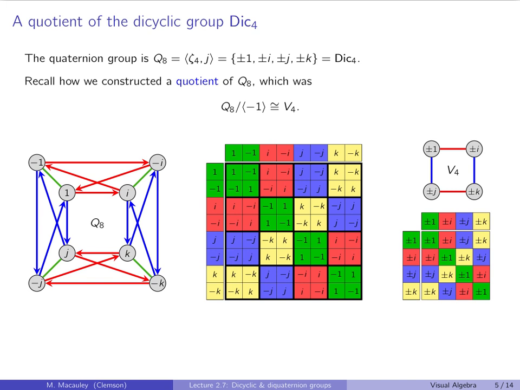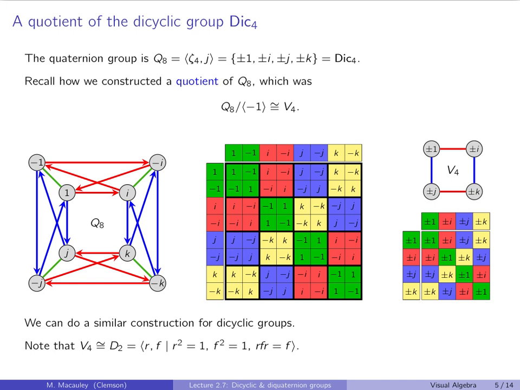In chapter 1, when I introduced the quaternion group, I think that's in the lecture on Cayley tables, I showed you how there was a quotient of it by constructing a Cayley table where I arranged the elements in a certain order. So when you squint your eyes, you see a Cayley table for V4. So here it is. We can do a similar construction for dicyclic groups.